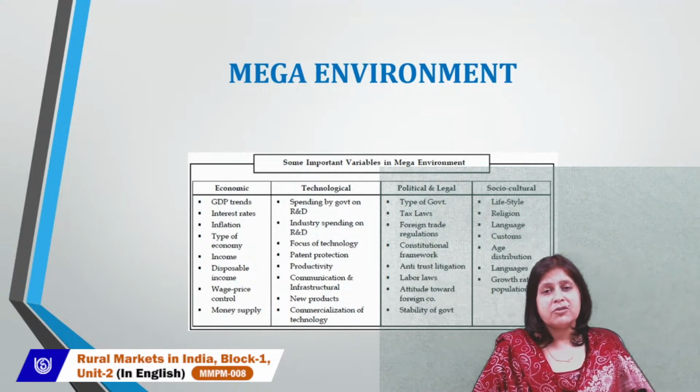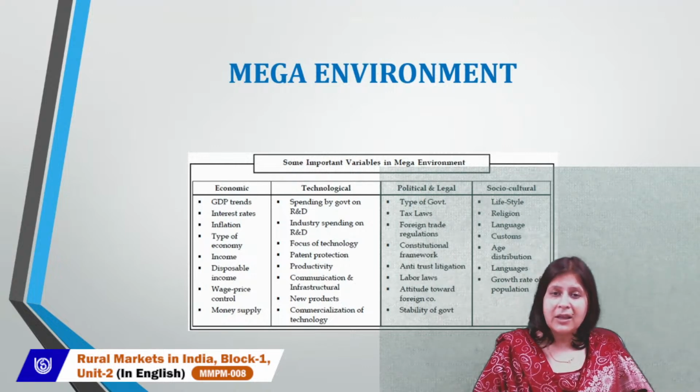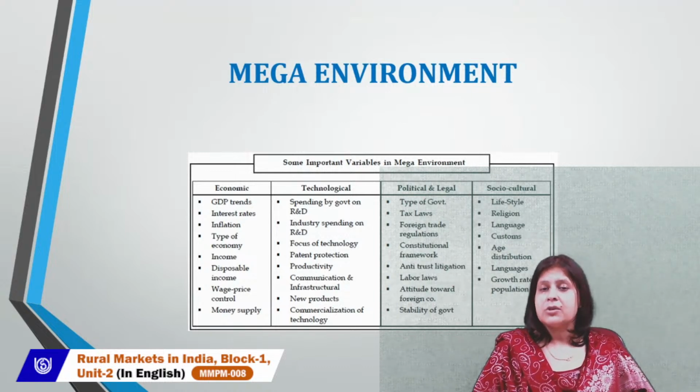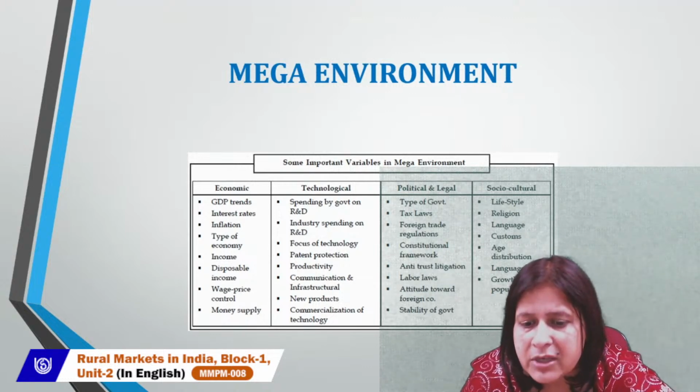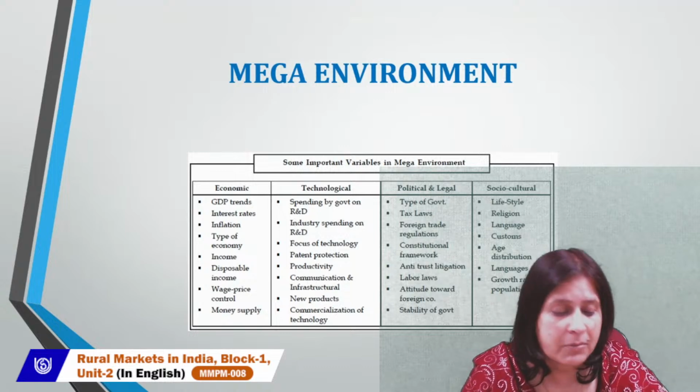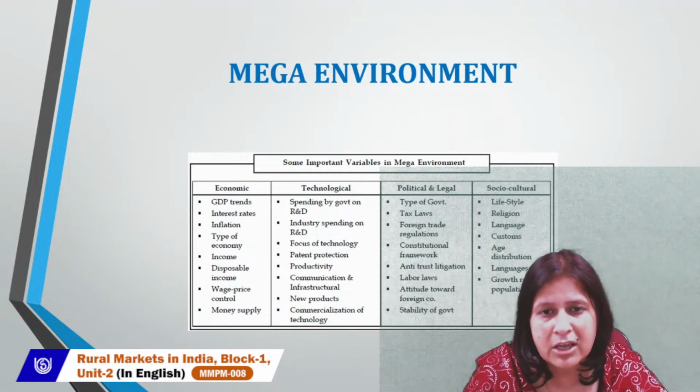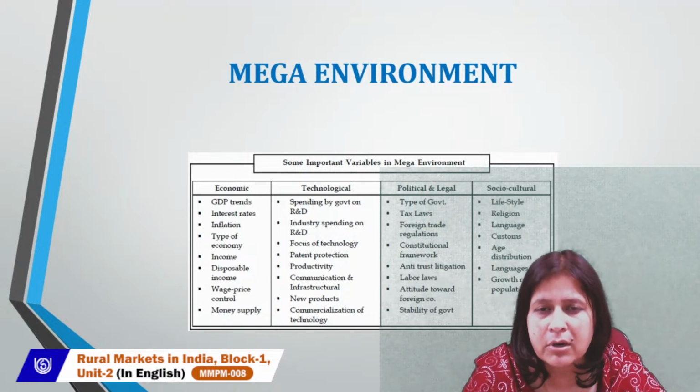It is beyond the control of anyone, but it impacts the environment, the mega environment. What type of labor laws are there? Attitude towards the foreign companies, right? That is very important, and the stability of the government again plays a very important role, right?